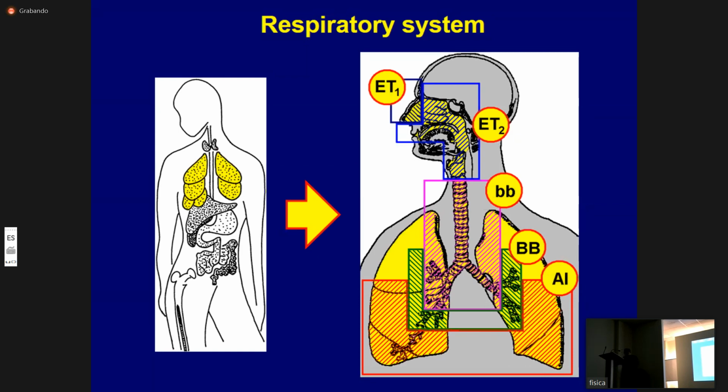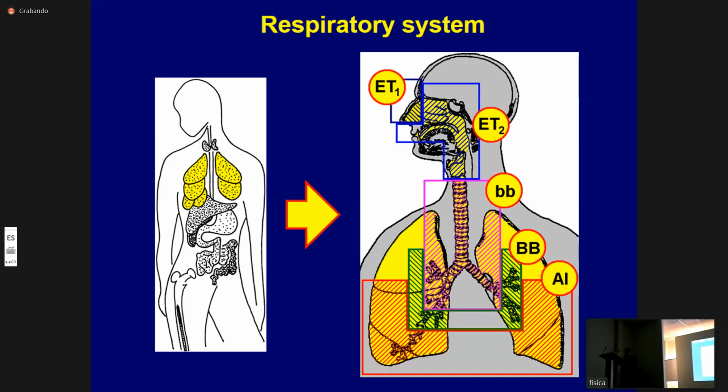And the third area is the alveolar-interstitial region, AI, which includes the airways from respiratory bronchioles to the alveolar sacs and alveoli included, and the interstitial or connective tissues in them.